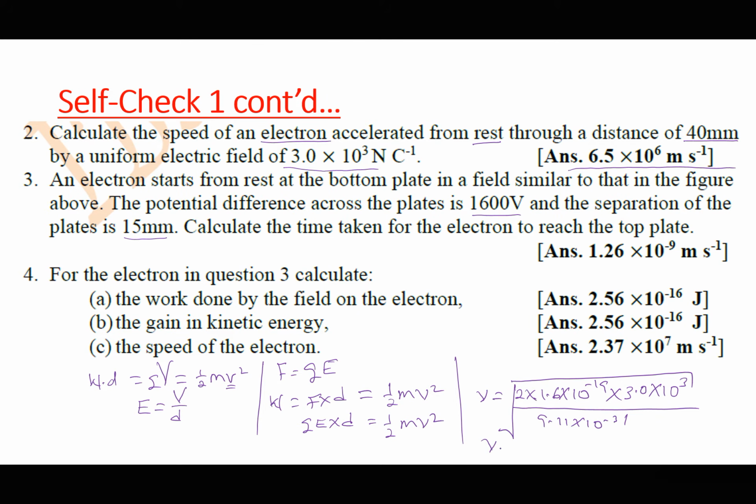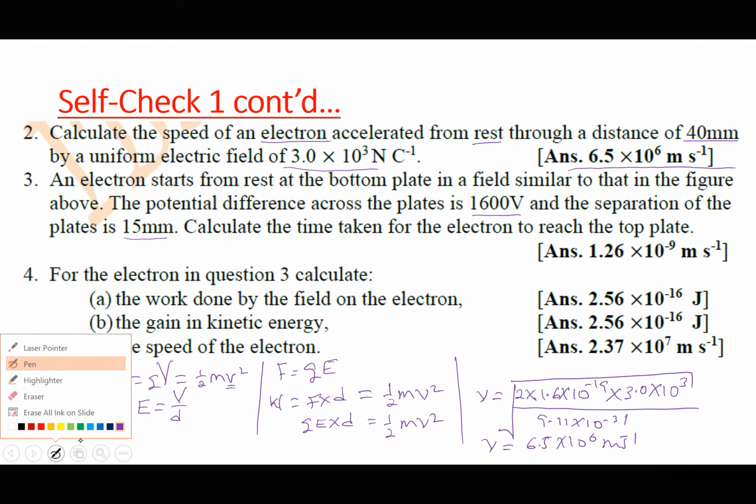So here you can press your calculator and verify that V is 6.5 times 10 power 6 meters per second. An electron starts from rest, initial velocity is 0, at the bottom plate. The potential difference across the plates is 1600, that is capital V. The separation of the plates is 15 millimeters, that is D.